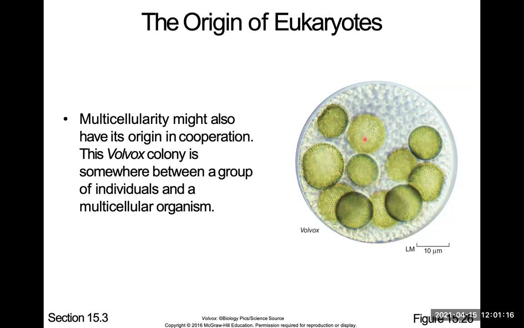We have a jar of this in the lab. This is called Volvox. And this is a group of individuals and multicellular organisms. This is kind of like a bridge between single cell and multicellular organism. All these cells are around there, and these are the reproductive structures. I need you to know the name of this.